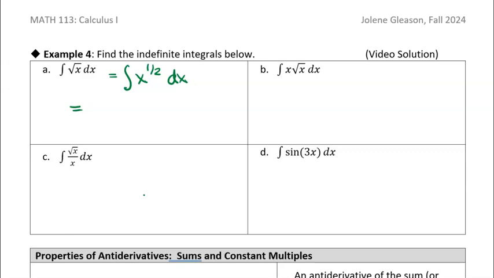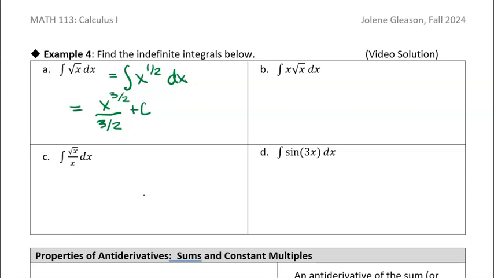Until I find the antiderivative, keep the integral and the dx, and then once you've found the antiderivative, you can drop it, okay? So the antiderivative is, I'm going to add 1, so I get x to the 3/2 over 3/2, okay? And then plus c. Don't forget your plus c.